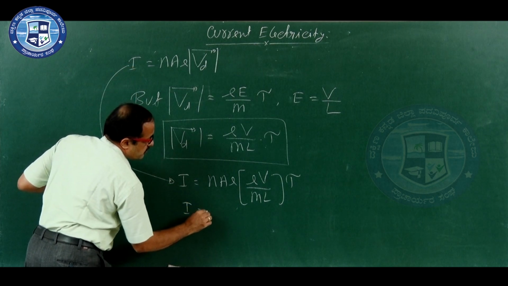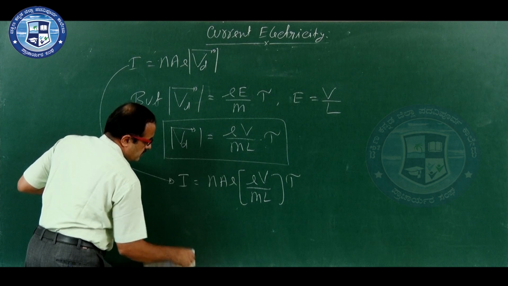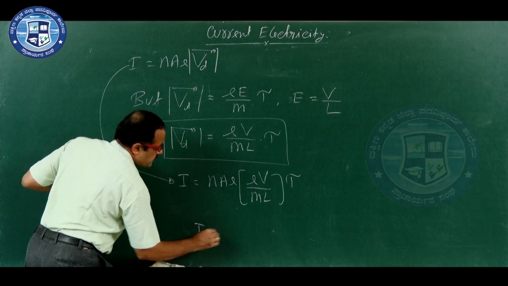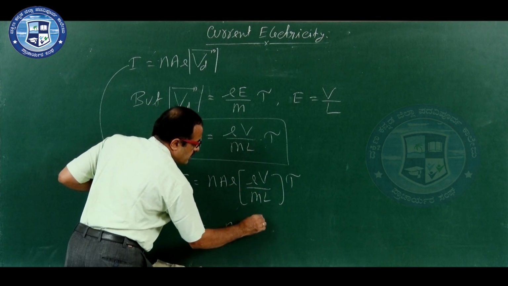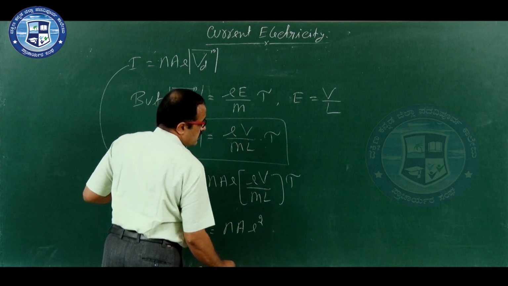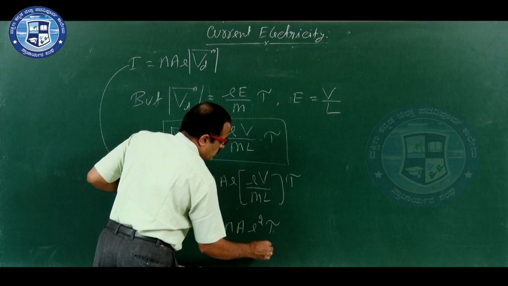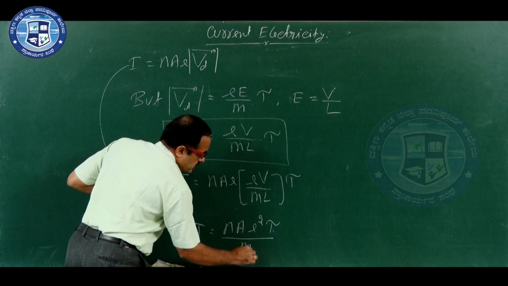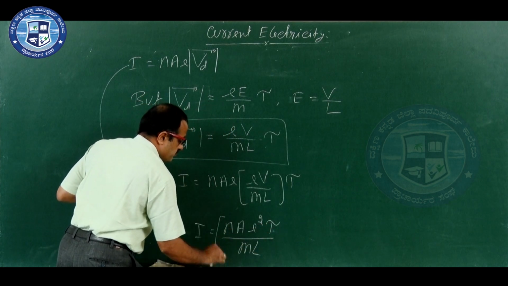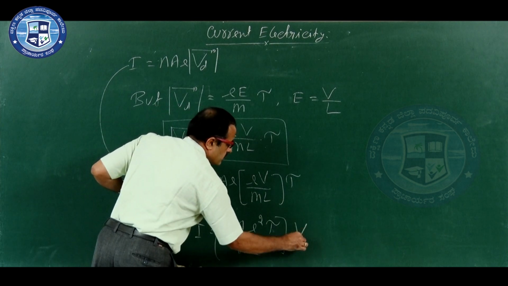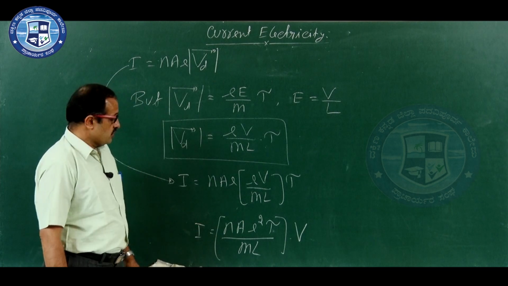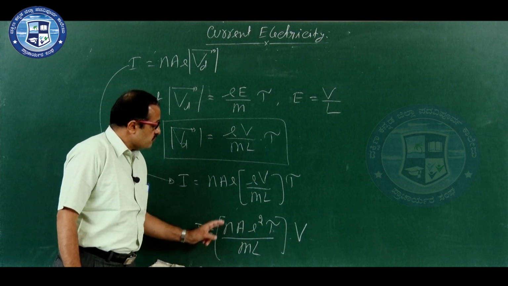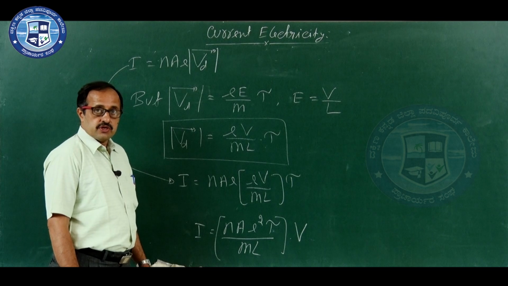Simplify this one. I is equal to n A e into e square, you bring tau inside, tau divided by m L, bracket, into V, where V is the potential difference. Now, look at the terms inside the bracket.